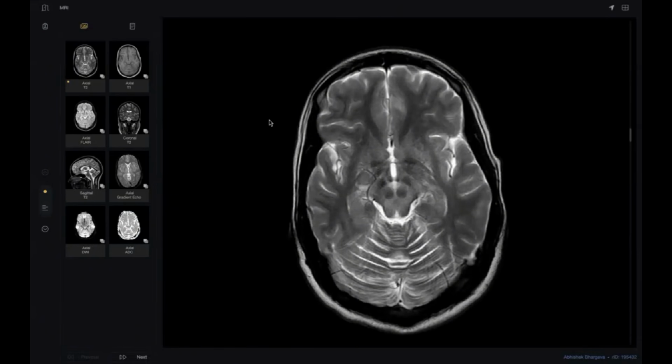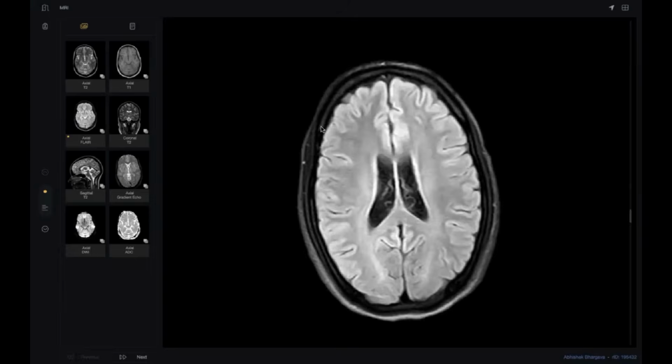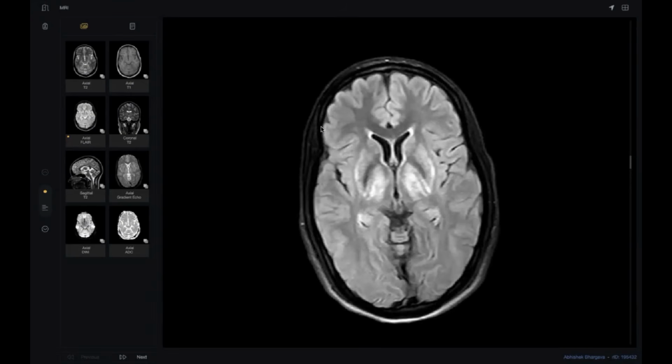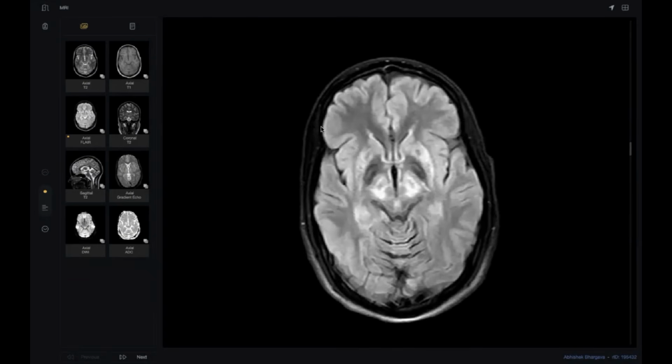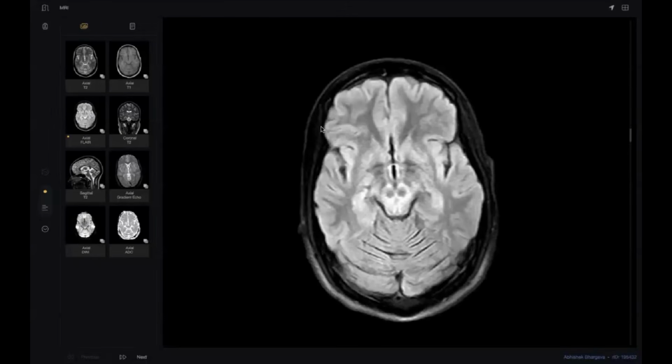Can I see the T1 and FLAIR sequences? The same lesion here shows high FLAIR signal intensity. Actually, the lesion affects the bilateral thalami, and also the bilateral caudate and bilateral lentiform nuclei show high signal intensity. Can I see the T1 also?